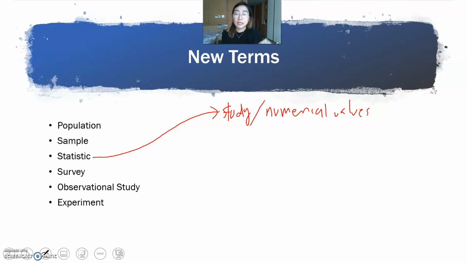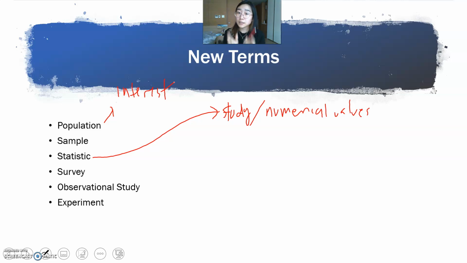Statistics as a study is a study of population. Population is what we are interested in. So it's a greater group. This is our interest. But we can't always gather data from everyone that we're interested in. Oftentimes that is very time consuming and it will cost a lot of money, and that's not very ideal.